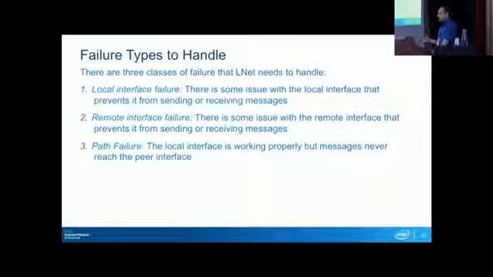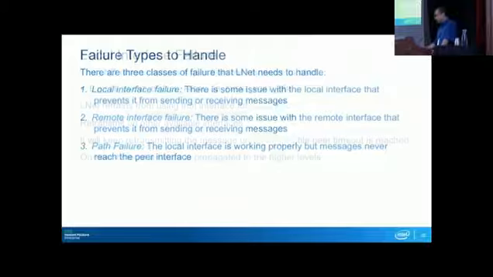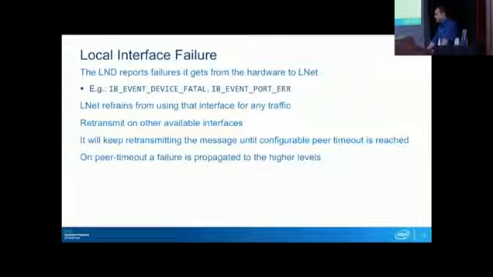So these are the 3 different types of failures, and like I was saying, there are soft failures and hard failures in this. The hard failures are mainly for the local interface because we can receive events. For example, for local interface failures, you can receive events from the LND layer saying IB event device fatal or event port error.